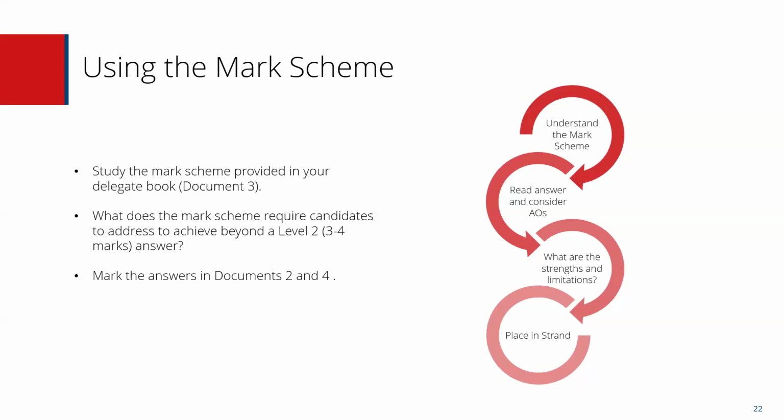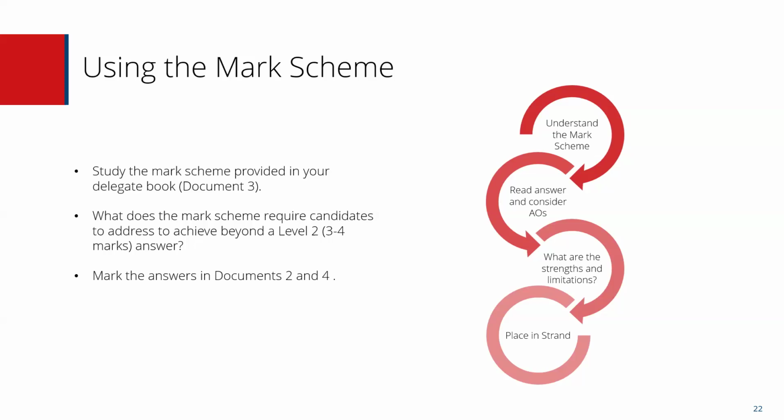So we'll just look at the generic mark scheme today, because that's the one that gives you the target, the AOs, and what we're looking for in the levels. If you look at the mark scheme there, you can see it's AO4. We've already talked about that: analysing and evaluating historical interpretations in the context of historical events studied.